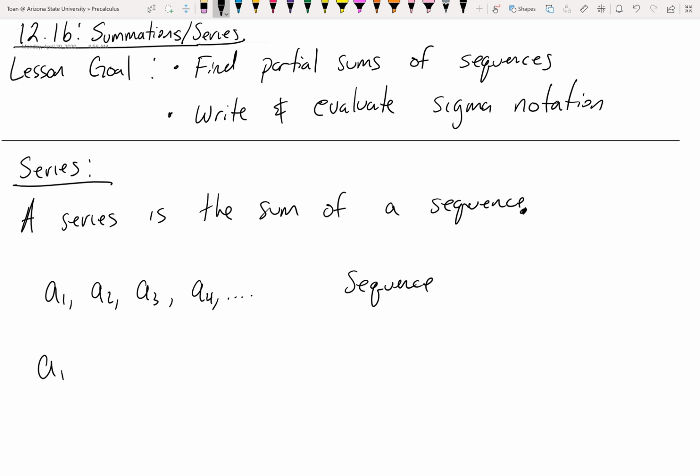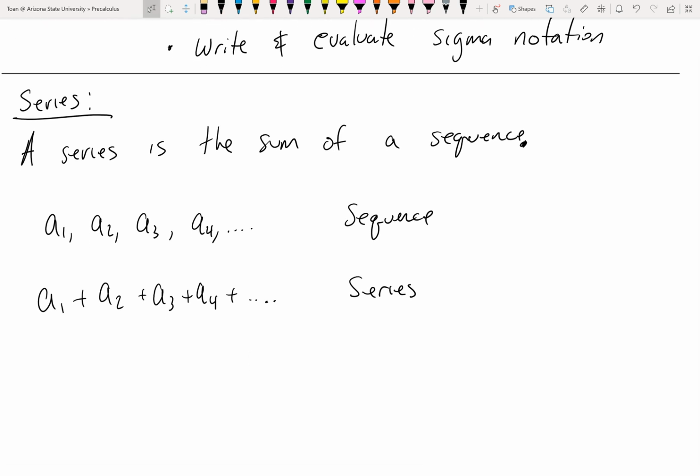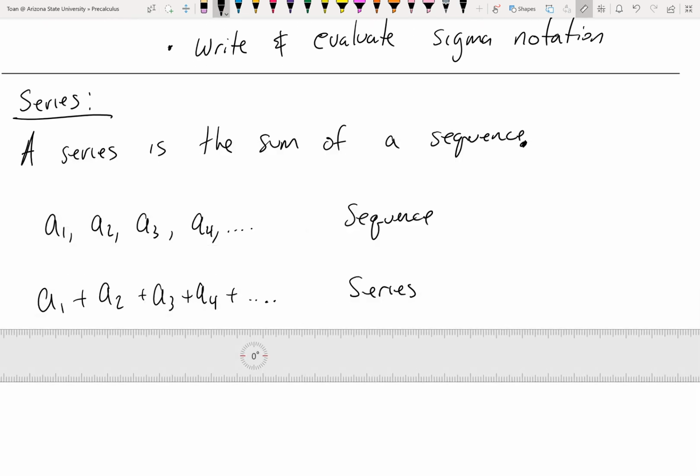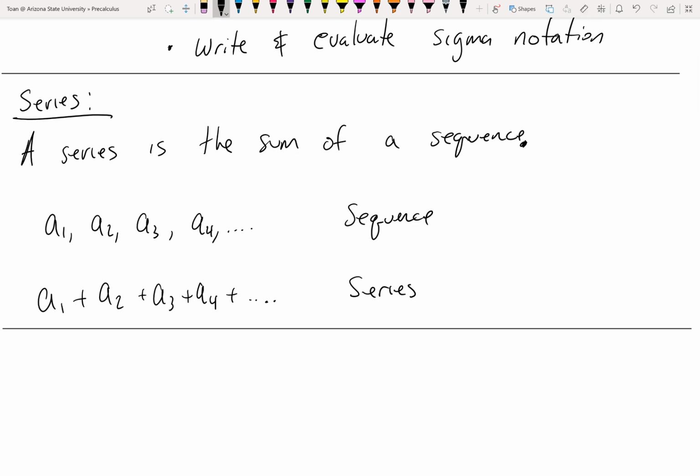If you were to add them up, a sub 1 plus a sub 2 plus a sub 3 plus a sub 4 plus dot dot dot, we call that a series. So that's just the vocab difference between those two terminologies, sequences and series. A sequence is a list of numbers. A series is the sum of numbers.